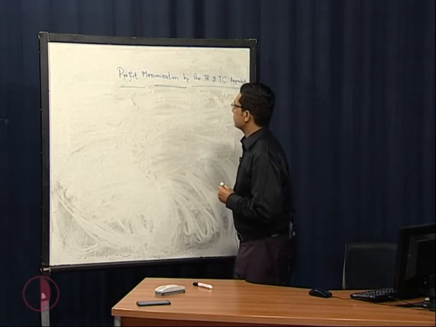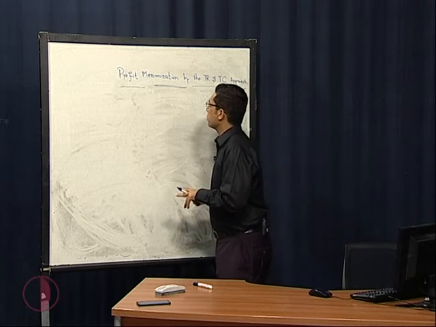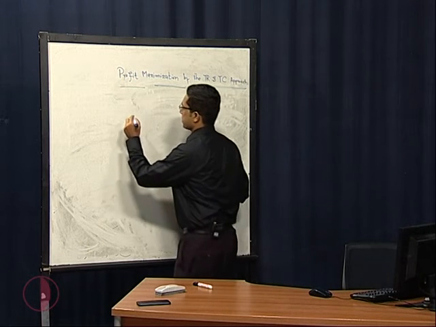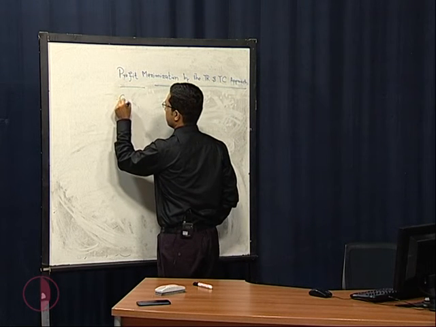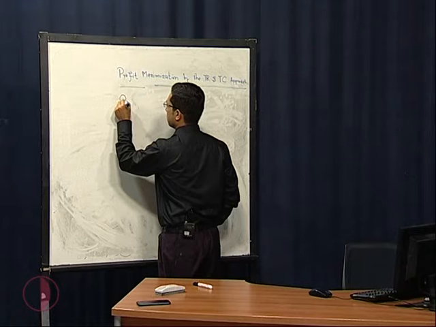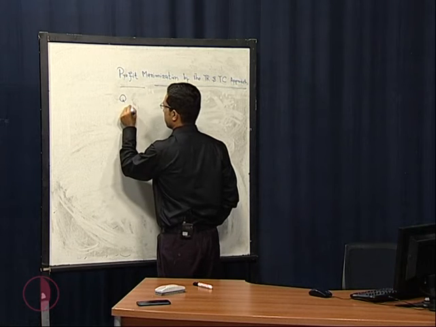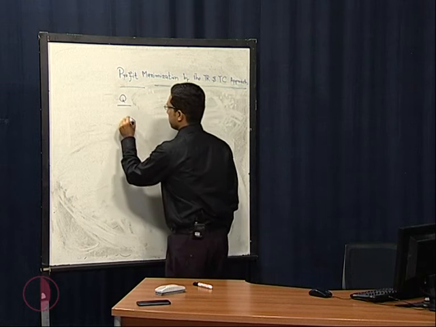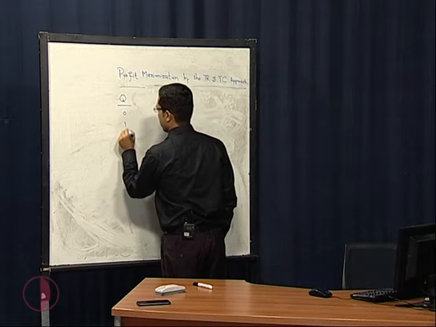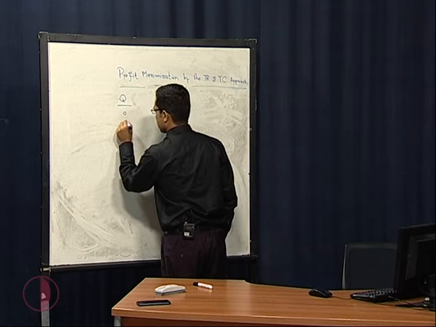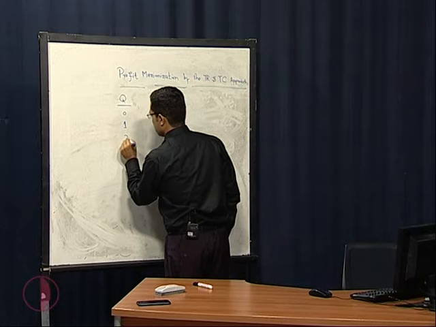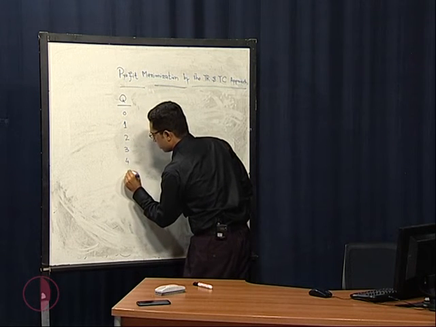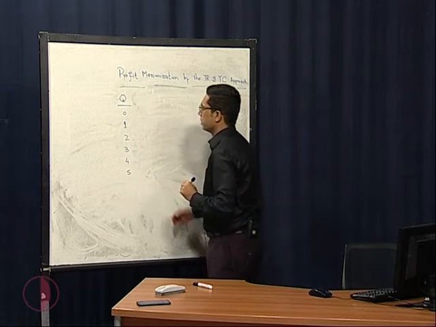Let me give you a hypothetical data. For example, we have Q. Q stands for output: 0, 1, 2, 3, 4, 5.